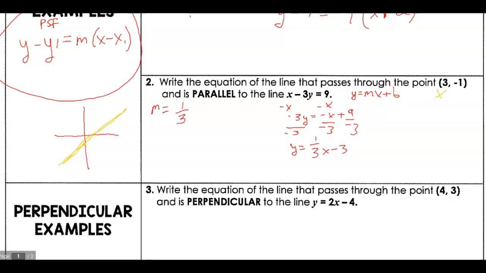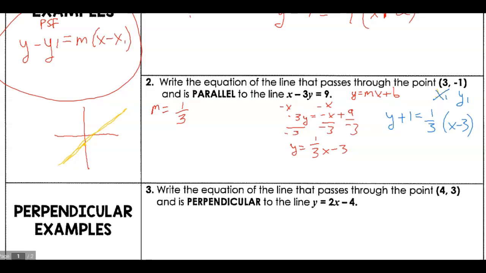There we go. X1, Y1 there, and my slope is already figured out. Y plus 1 equals my slope, 1/3 x minus 3.